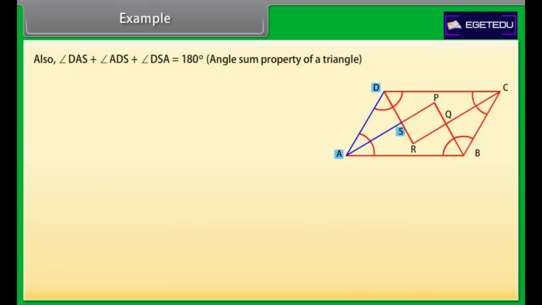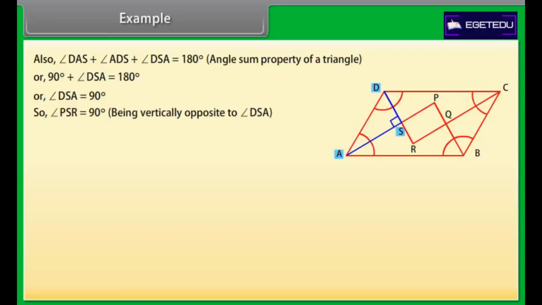Also, angle DAS plus angle ADS plus angle DSA is equal to 180 degrees, angle sum property of a triangle, or 90 degrees plus angle DSA is equal to 180 degrees, or angle DSA is equal to 90 degrees. So, angle PSR is equal to 90 degrees, being vertically opposite to angle DSA.